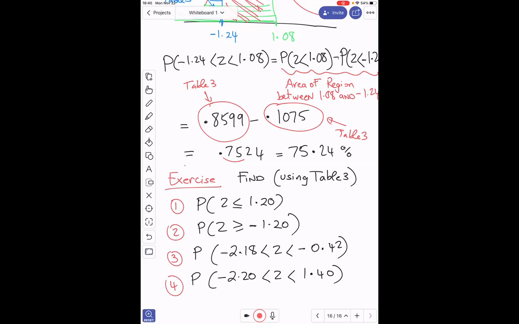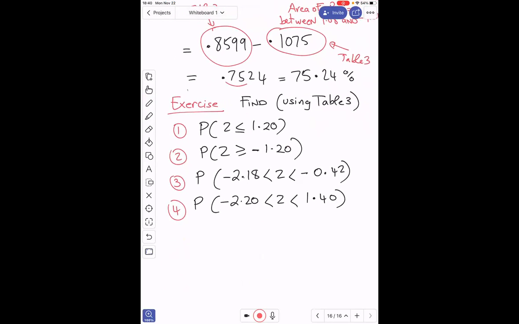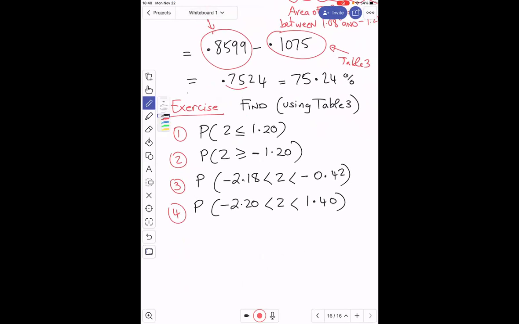Let me just make one remark, guys. It doesn't really matter if it is less or strictly less, or less or equal. For probability you are going to get the same answer, because the probability at exactly one point is just 0.